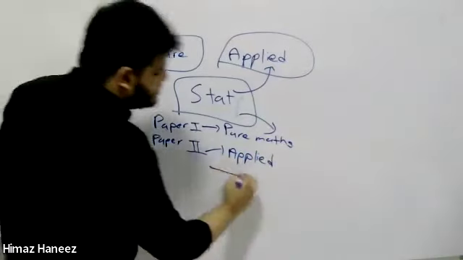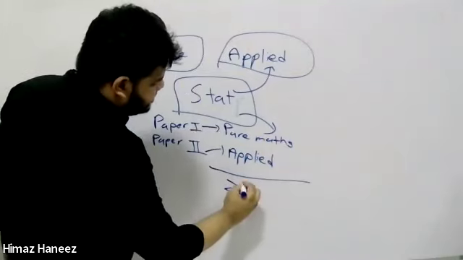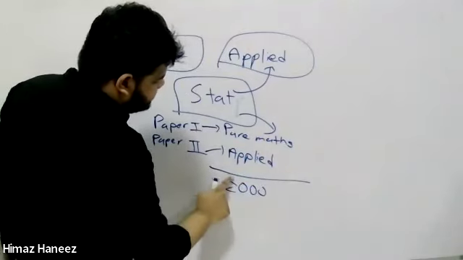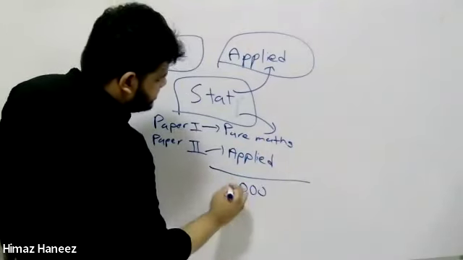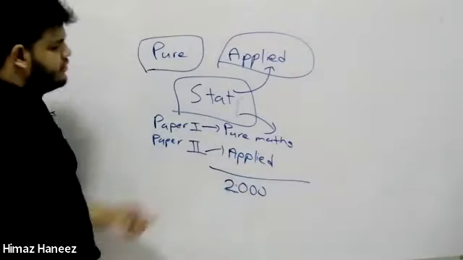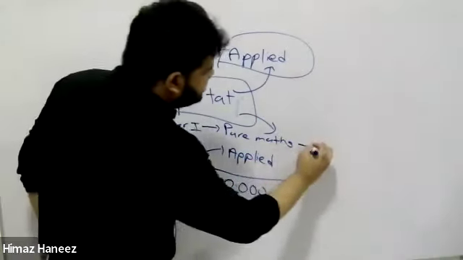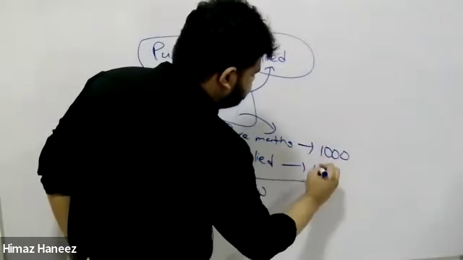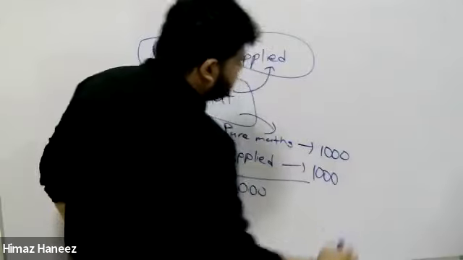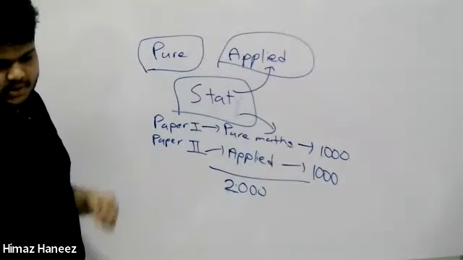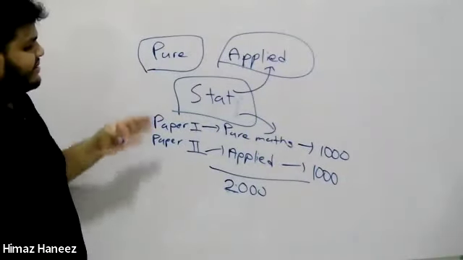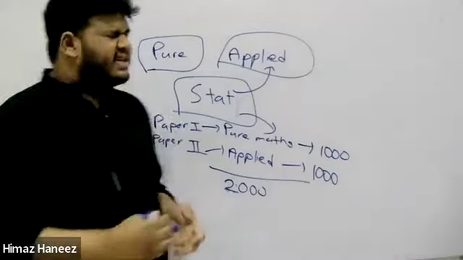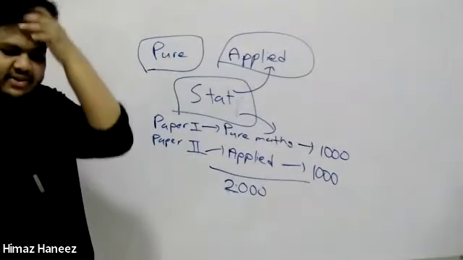So your total marks is 2000 marks. Total marks for pure is 1000, applied 1000. So this is the basic introduction, and I'll introduce the subject a bit more on the first day.